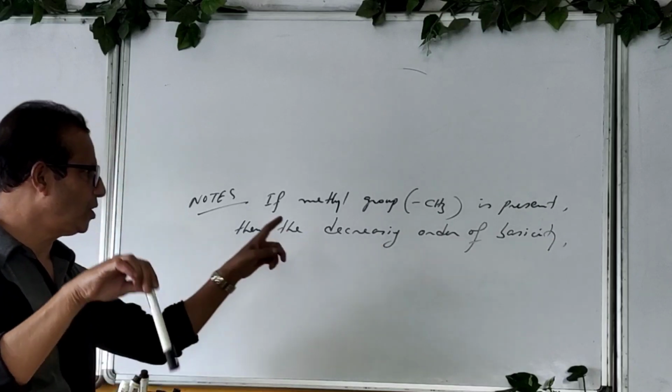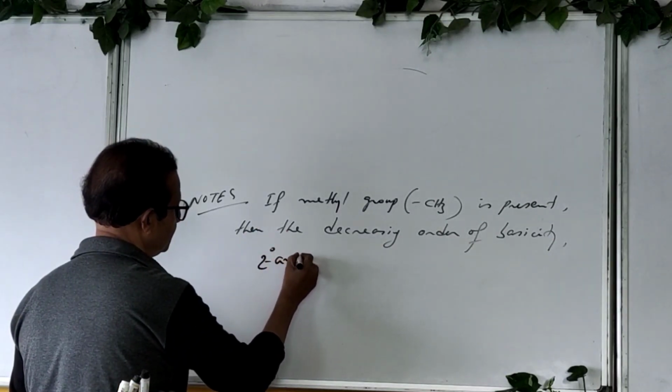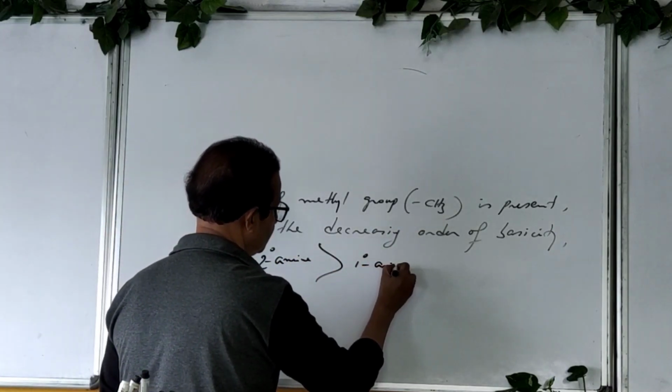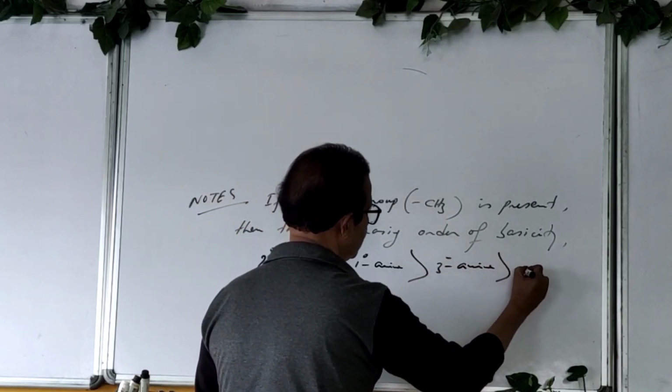Then the decreasing order of basicity: 2 degree amine greater than 1 degree amine greater than 3 degree amine greater than ammonia.